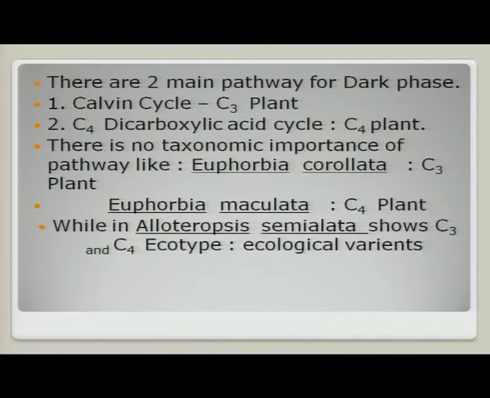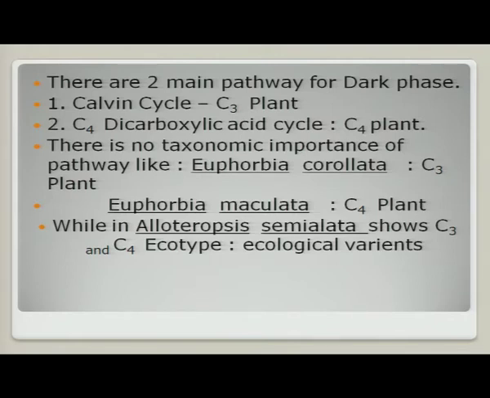There is no taxonomic importance of this pathway, because in a particular genus both types of cycle are found, like Euphorbia. Euphorbia is a genus. In the species Euphorbia corollata the pathway is C3, and in another species, Euphorbia maculata, the pathway is C4.